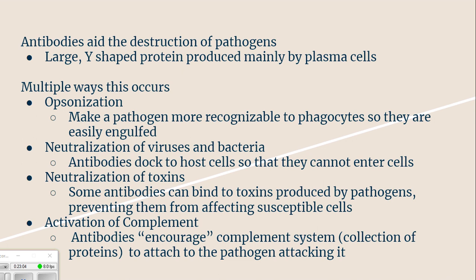Antibodies can also neutralize toxins. So some antibodies can bind to toxins produced by pathogens, preventing them from affecting susceptible cells. And then you can also get this activation of complement. So there is this protein system called complement proteins, which can attach to a pathogen, causing it basically to lyse.